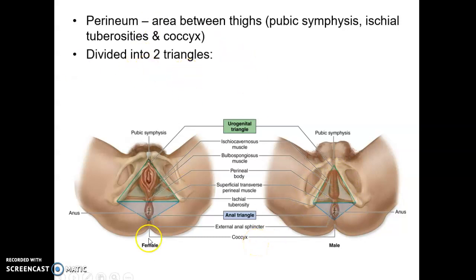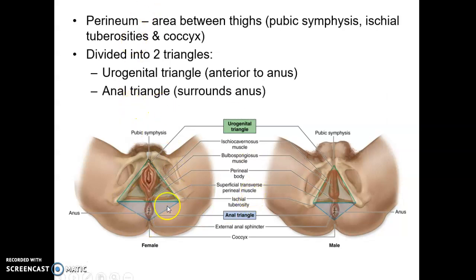It is subdivided into two regions. The urogenital triangle is the anterior portion, and the anal triangle surrounds the anus. Again, in green is the urogenital triangle, and in blue, the anal triangle. They both comprise the perineum.